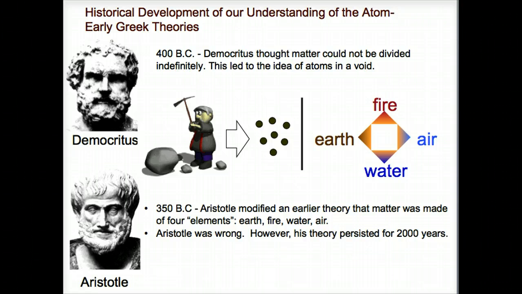In 350 BC, a famous philosopher, Aristotle, said that he felt that matter was made up of 4 elements, in quotations of course: earth, fire, water, and air. Of course he was wrong, but this theory lasted for over 2,000 years before we discovered a number of actual elements outside of earth, air, fire, and water.